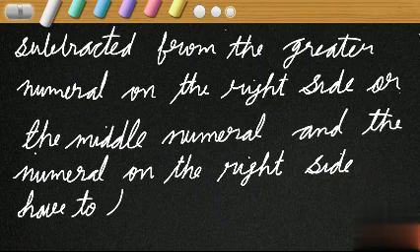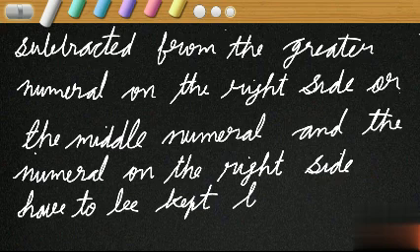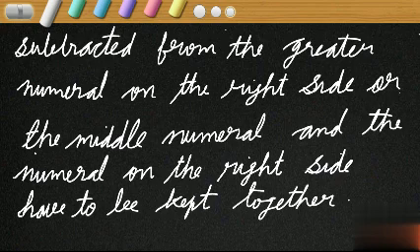This is a little bit tough, I know. This is our fourth and final rule. Very, very important. Have to be kept together.